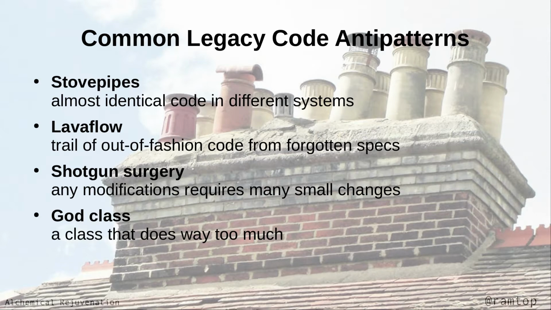And just to give you a quick definition, because maybe you know it for sure, even if you don't know the name. Stovepipes is some system that has not just a class, but a big piece of code with flows that are very, very similar with minimal differences.